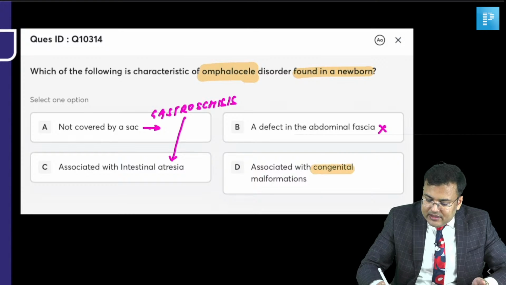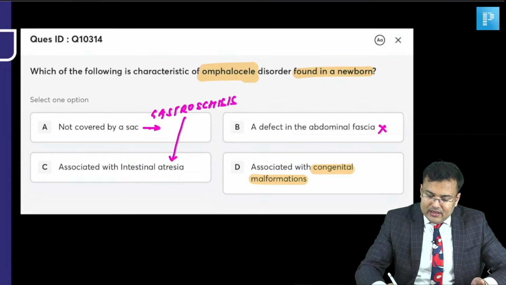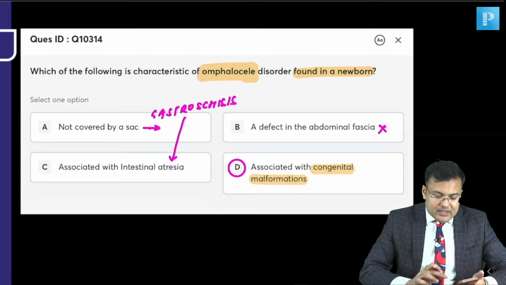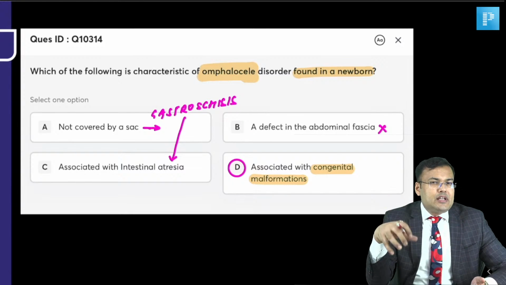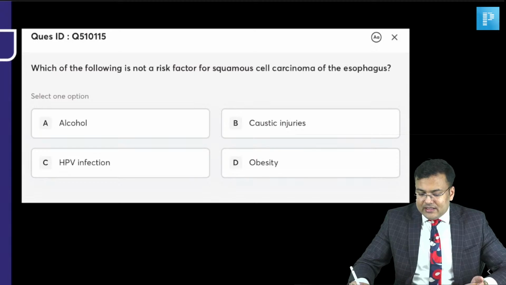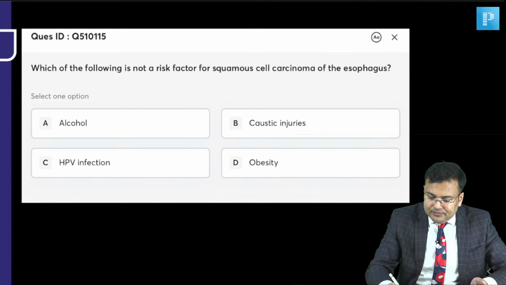Congenital abnormalities. Yes. So omphalocele is associated with congenital abnormalities. So here, what's the correct answer? The correct answer is D. Clear? It is associated with congenital abnormalities. I'm repeating that we are expecting questions from omphalocele and gastroschisis in the upcoming exam. Okay, guys?